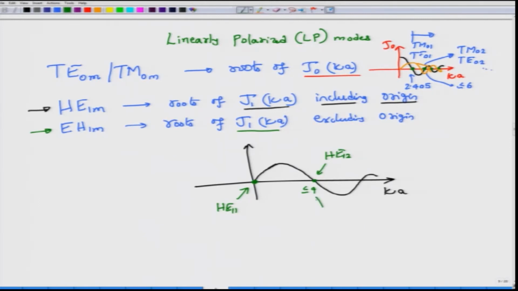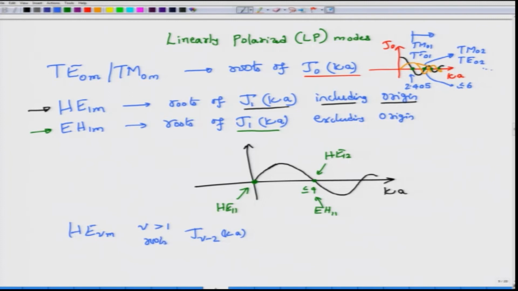So, you will have the HE12 mode, you will have the EH11 mode, and it turns out that for HE nu m modes with nu greater than 1, the roots of Bessel function J nu minus 2 kappa A are the cutoff frequencies.